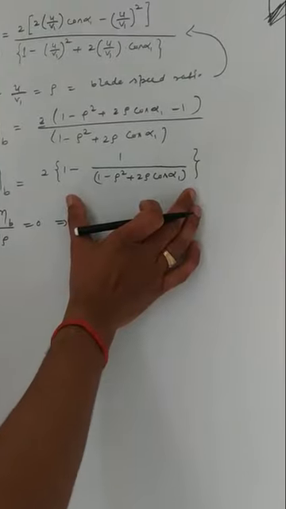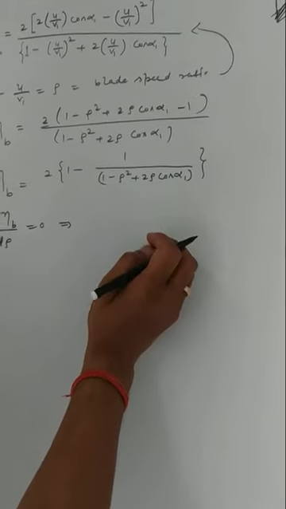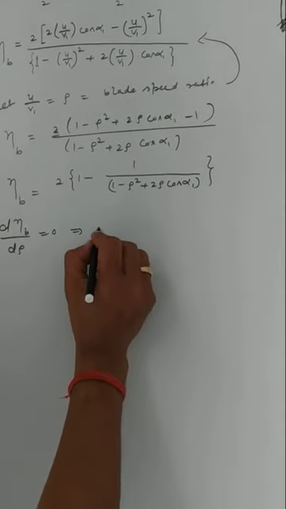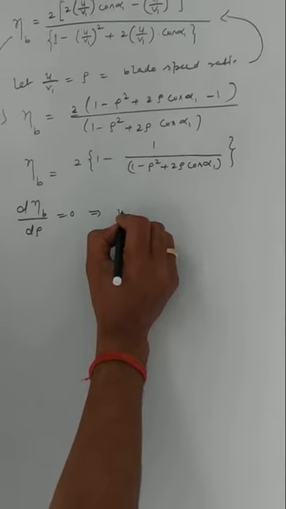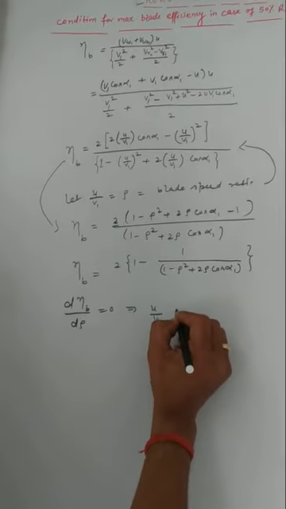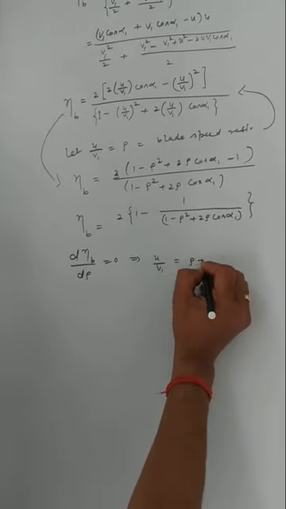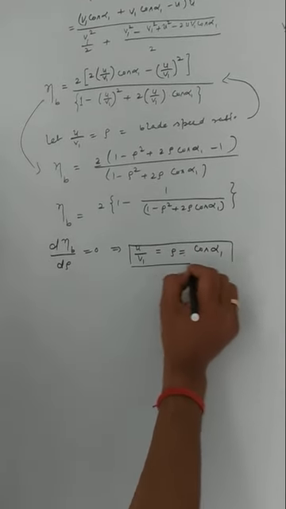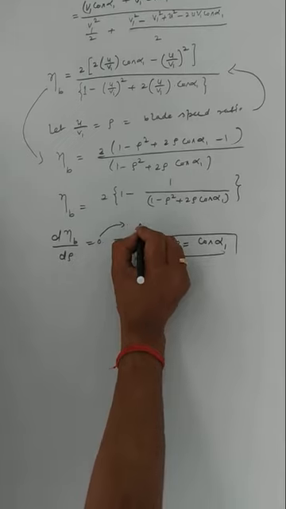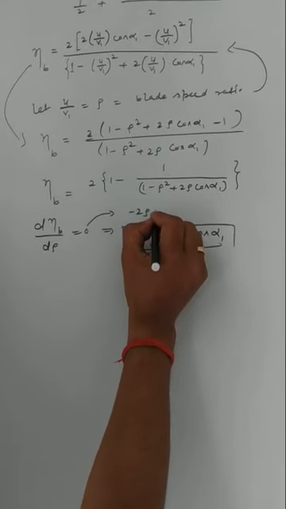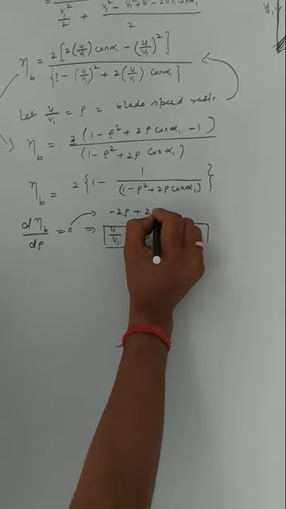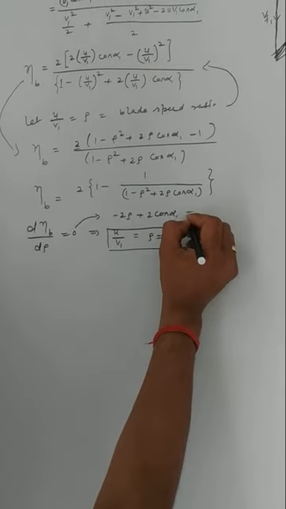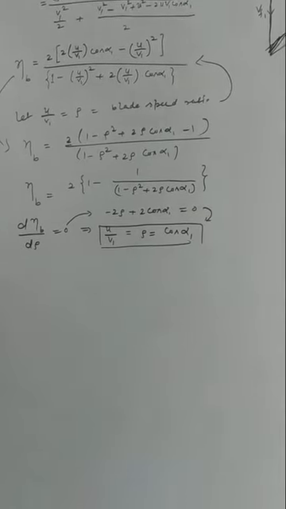Differentiating this function and putting it equal to 0, you will get u by v1 is equal to rho is equal to cos of alpha 1. And differentiating, you get minus 2 rho plus 2 cos alpha 1 is equal to 0. From here you will get this relation.